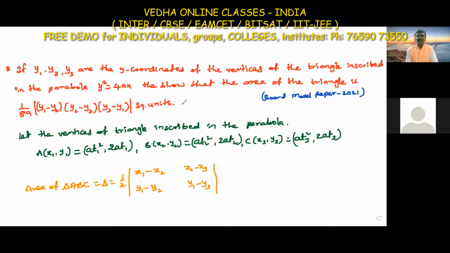Now I am substituting the values here. If we substitute, delta is equal to 1 by 2 into the determinant with x1 minus x2, that is a t1 square minus a t2 square, and x1 minus x3, that is a t1 square minus a t3 square.